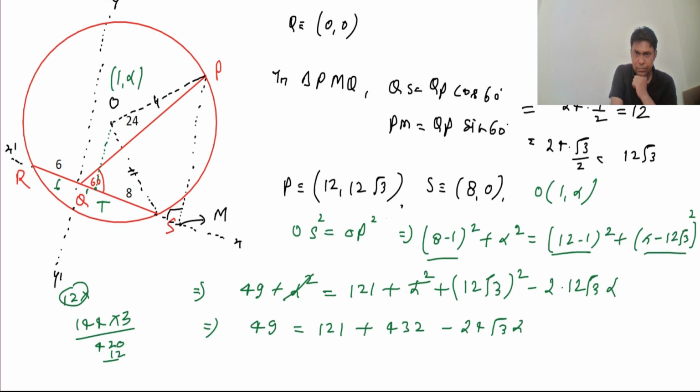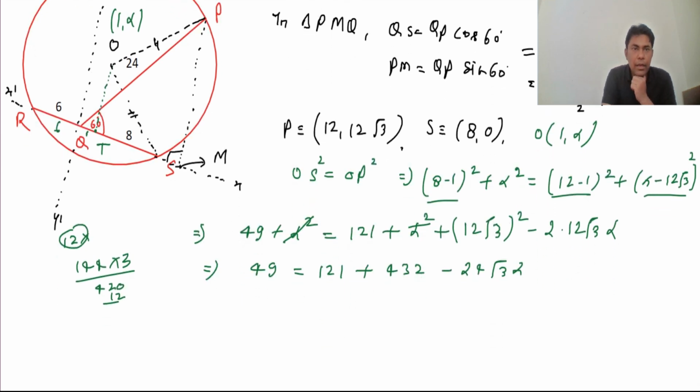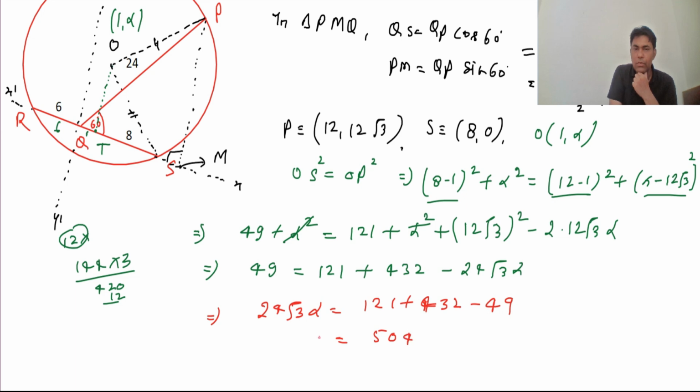Further from here, 24 square root of 3 times alpha is equal to 121 plus 432 minus 49, that will give 504. That means 24 square root of 3 alpha is equal to 504.